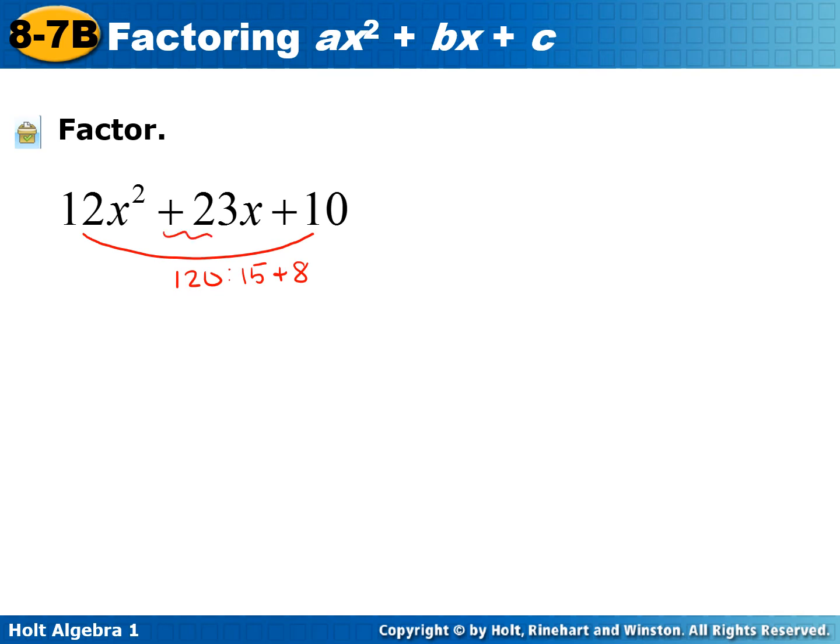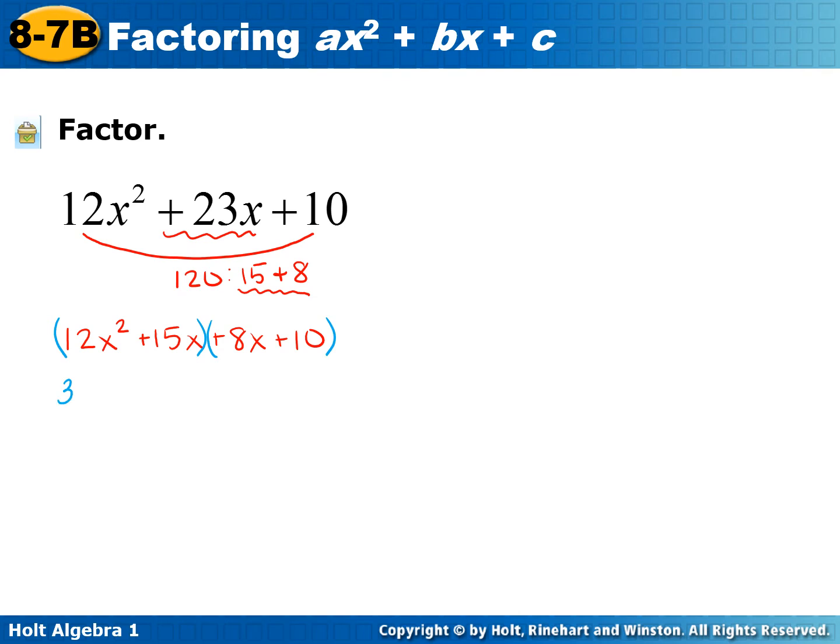So instead of writing plus 23x, I'm going to write plus 15x plus 8x. So I'm going to rewrite 12x squared plus 15x plus 8x plus 10. Notice all I'm doing is uncombining like terms. Now I have a polynomial with 4 terms. I'm going to group and factor.